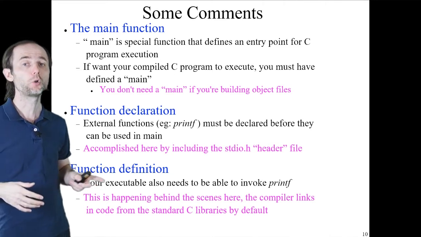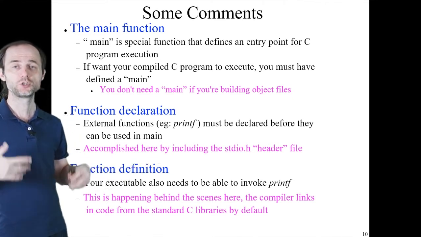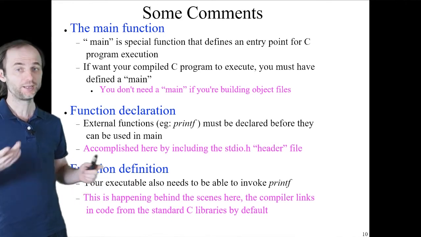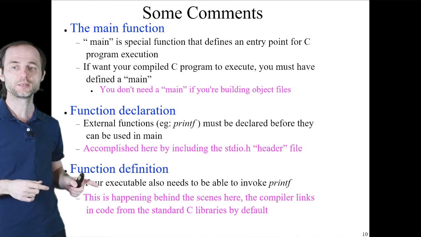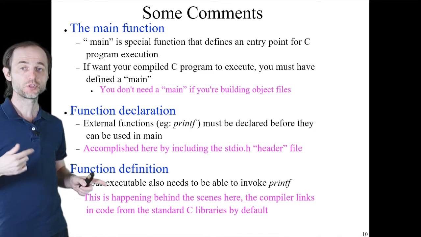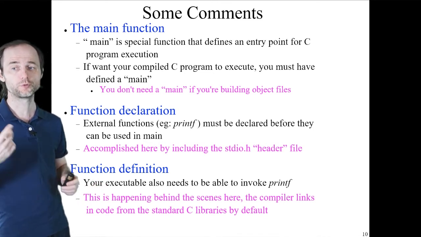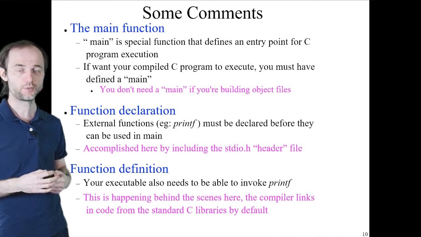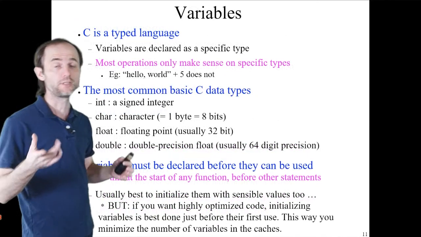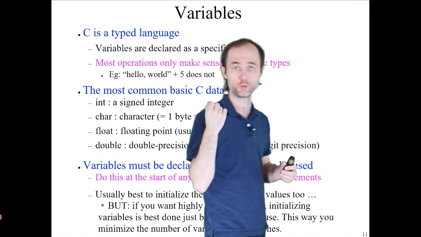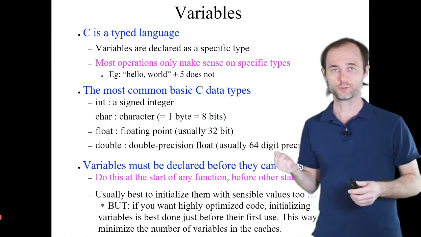And this is all hidden under the wraps. You don't really have to worry about that unless something doesn't work and goes south. And in this case, the code for printf is pulled from the standard C library. We will talk more about that later. Now, let's get to how to define and use the variables.